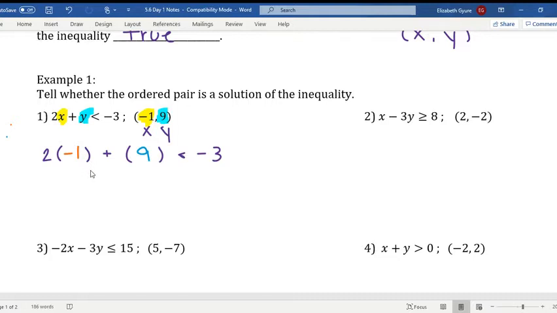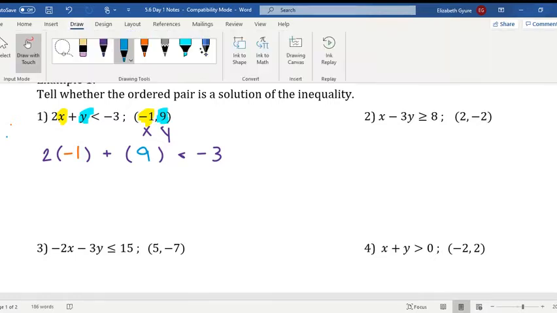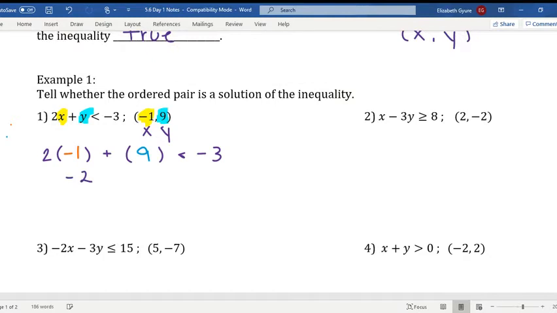So what would be my first step here with simplifying? Yeah, good. We're going to multiply, we're going to distribute. So that's 2 times -1, which gives us -2. Now, if you look at this plus 9, is there any number on the outside to multiply it by? No. So I'm just going to bring my 9 with me.